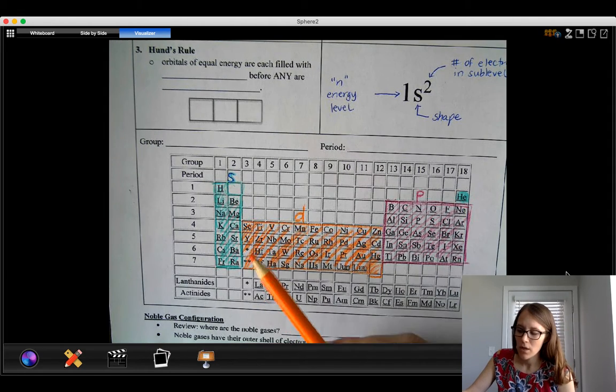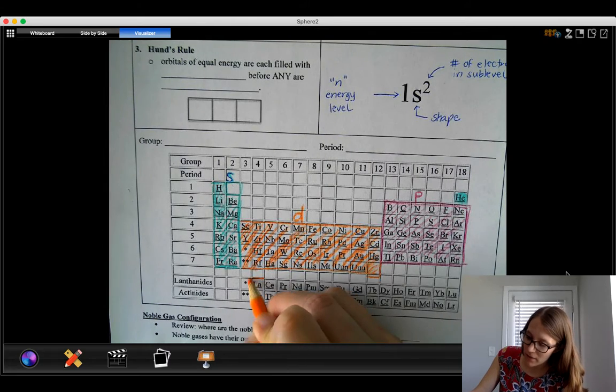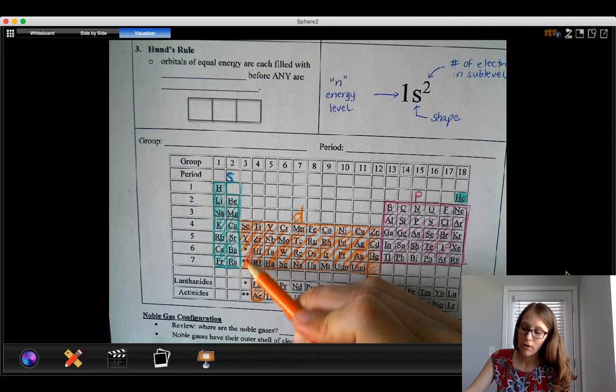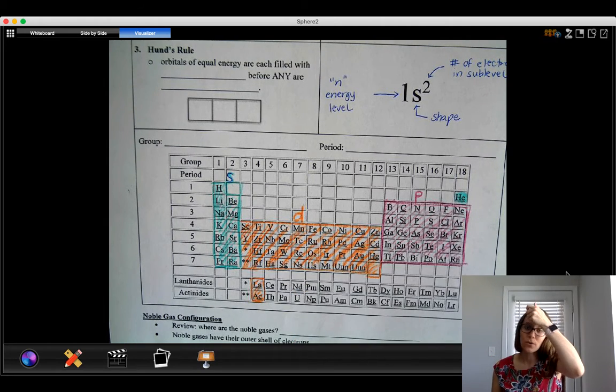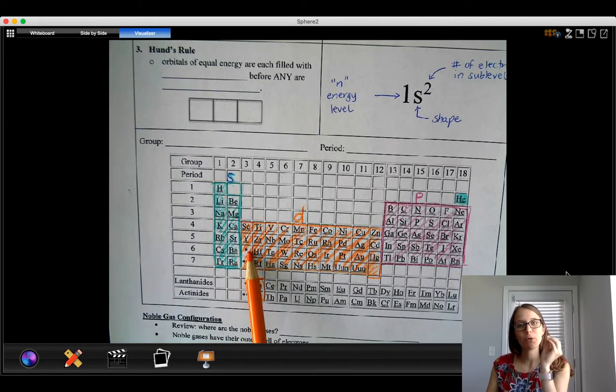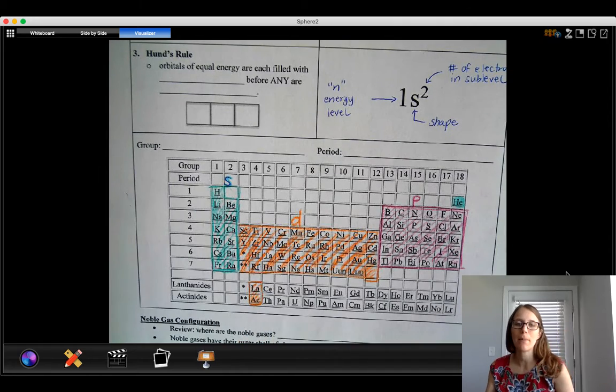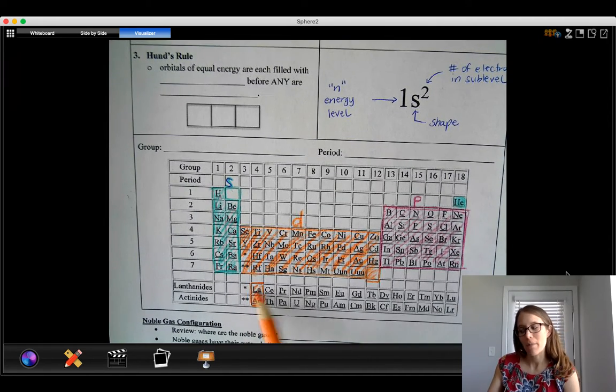And just as a note, there's this asterisk and the double asterisk. These 2 elements right here, lanthanum and actinium, these 2 belong right here. This is just as a note to remind you that the periodic table should be broken and then continue down at the bottom. So that's why those stars are there, to remind you to go through that bottom row.